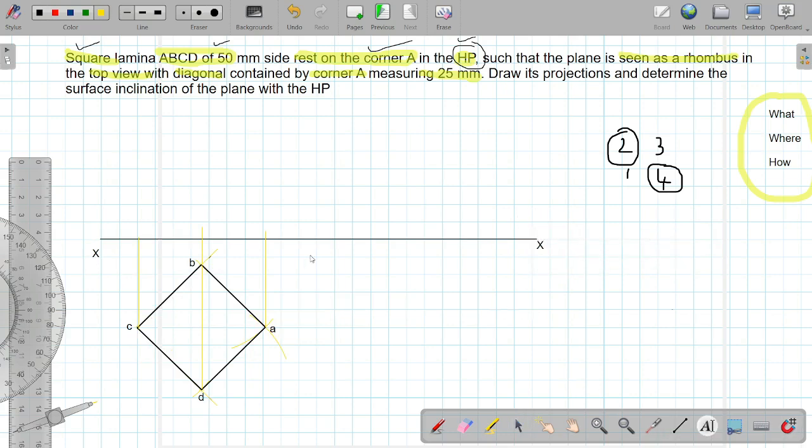Now I will give the names. So here it will be A dash, this will be B dash and D dash, and this will be C dash.